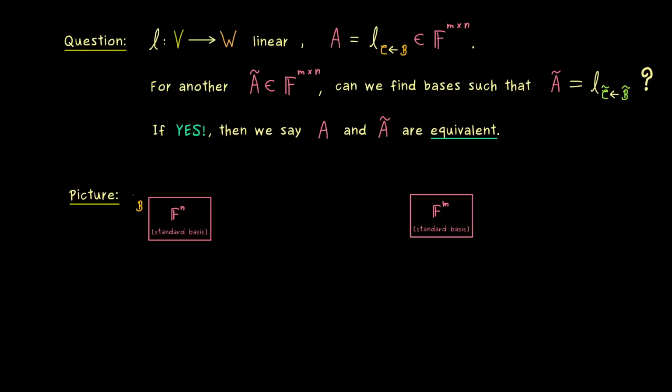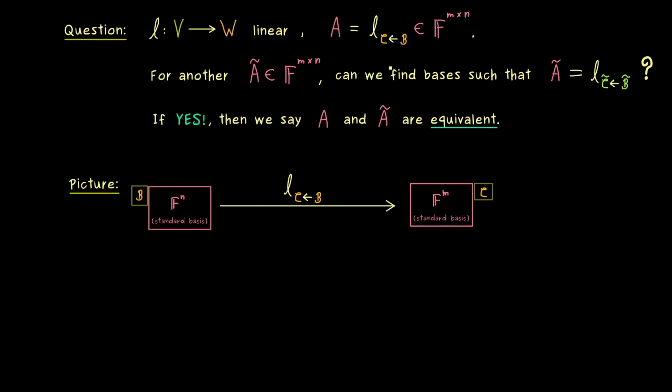So let's say here on the left hand side we have Fn with the standard basis, which represents V with respect to the basis B. And the similar thing we have on the right hand side, where we have Fm, which represents W with respect to the basis C. This means our first matrix representation we have here acts from the left hand side to the right hand side. And with the names from above, this will be exactly our matrix A.